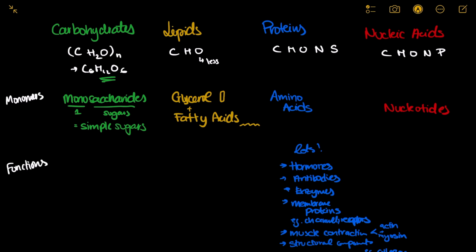I'll give you two more examples and then we'll leave the proteins as they are. For transport, for example, proteins are important. An example of transport is in the blood. There's hemoglobin, which transports oxygen in the blood.